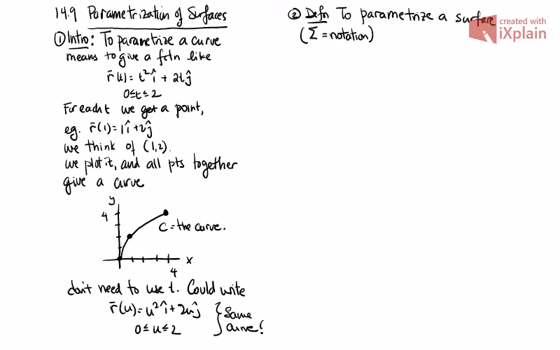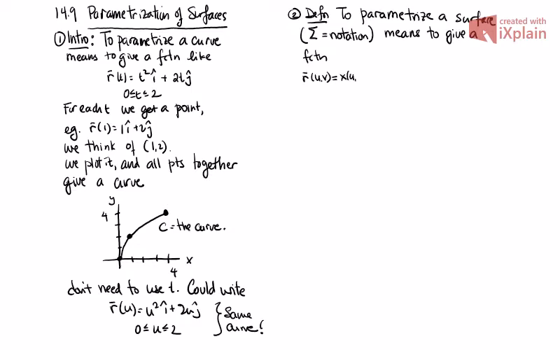To parameterize a surface means to give a function. This will be r of u comma v, so we're going to have two variables to pull out two dimensions. We'll have an i, j, and a k, typically. Each of the coefficients could involve the variables u and v.